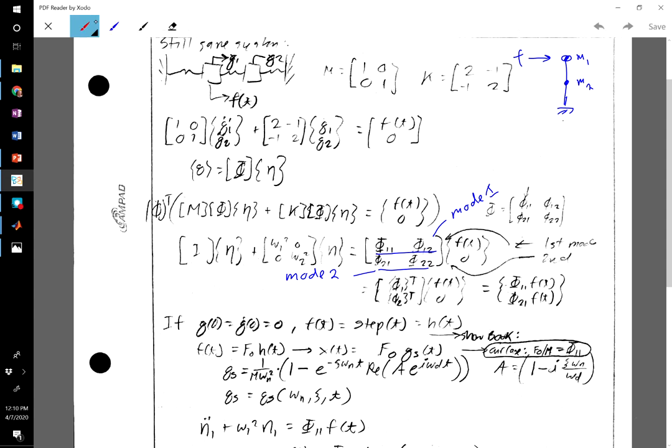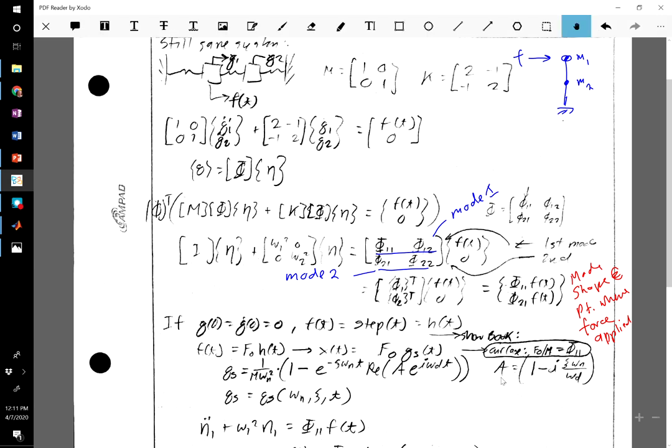What we end up with down here is the mode shape at the point where the force was applied. That's what ends up scaling the force. So we end up with these 2 uncoupled equations.